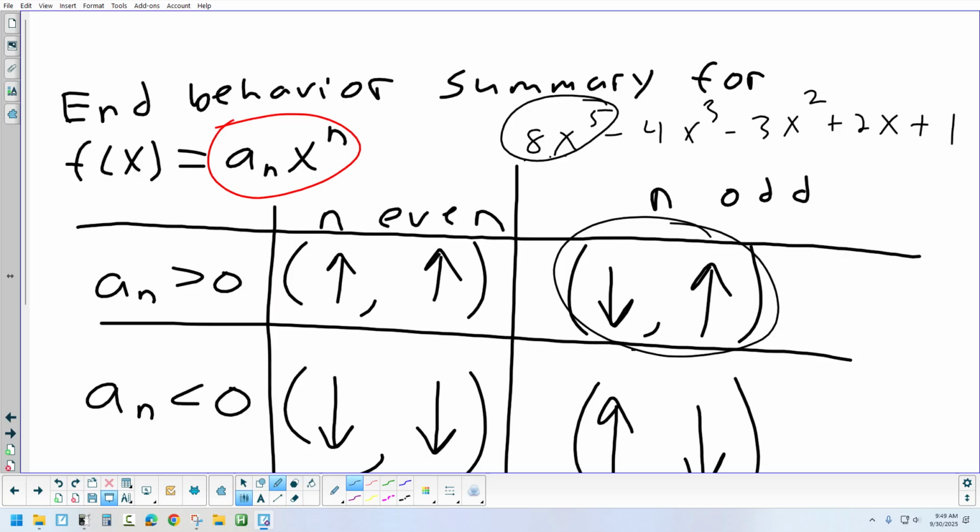It's going to go down on the left, up on the right. What's it going to do in the middle? Don't know. That's not what end behavior is about. End behavior is about, if you were to zoom out, what are the two ends of the function doing?